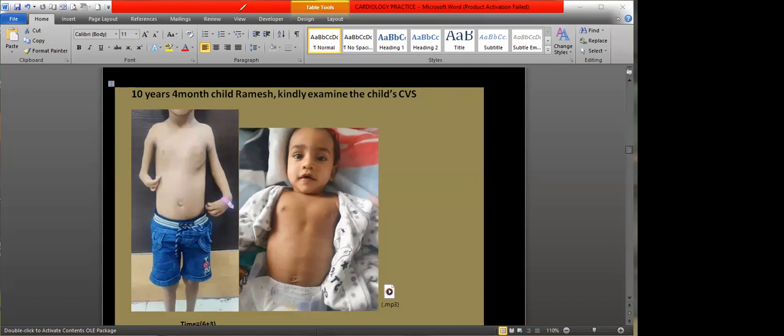Mostly try to cover this important tip: if your examination is taking some time to complete, do not forget to mention, in order to continue my examination, I would like to check the basal crepitations and the liver.